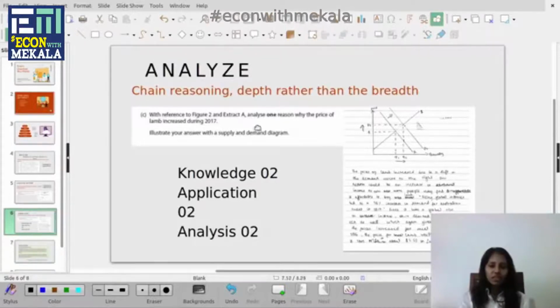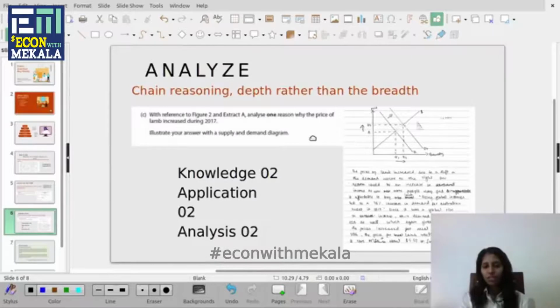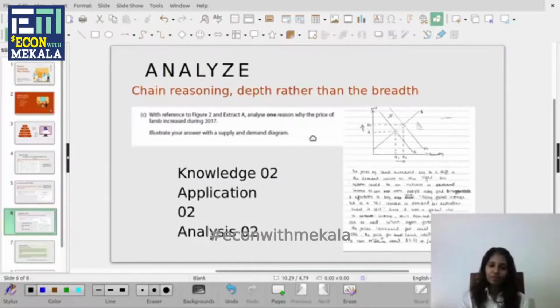Analyze one reason why the price of lamp increased during 2017. Illustrate your answer with a supply and demand diagram. So the question itself has a requirement now. What is the requirement? You're supposed to draw a diagram.